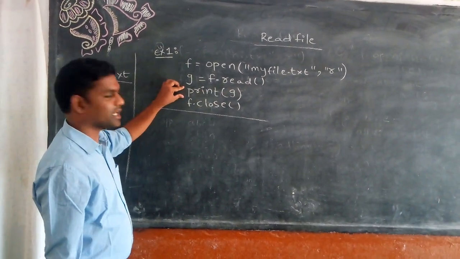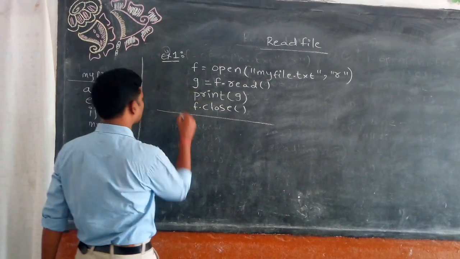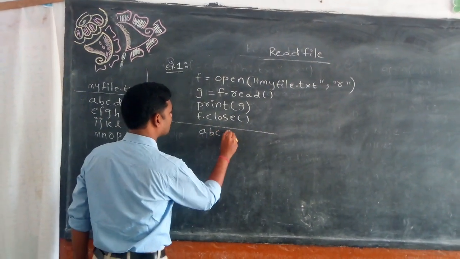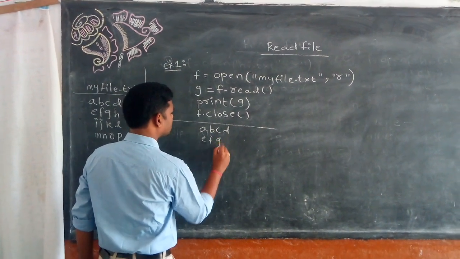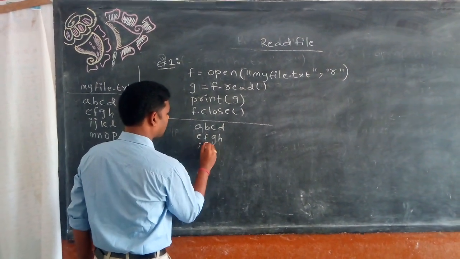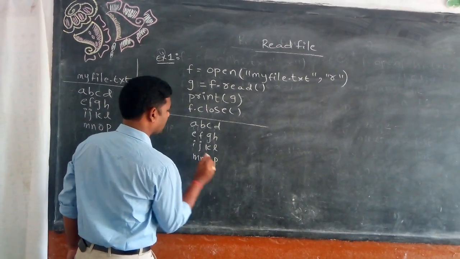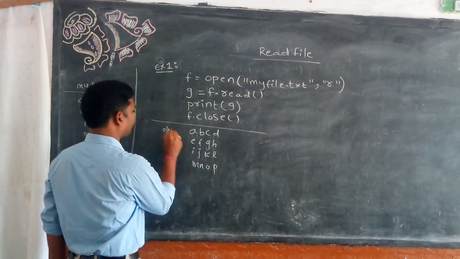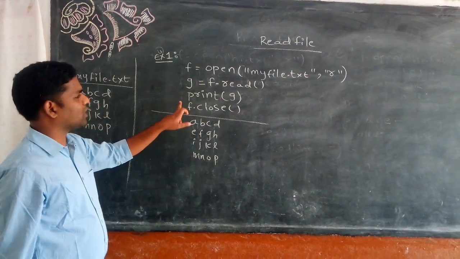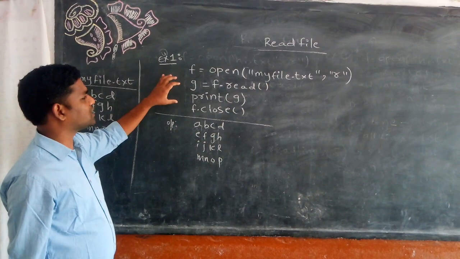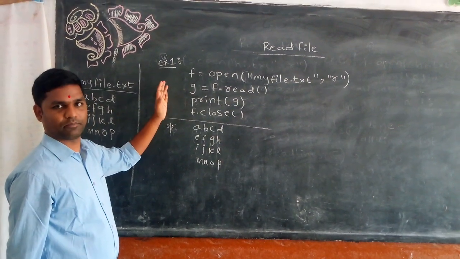I will get the output as the entire content of the file: A, B, C, D, E, F, G, H, I, J, K, L, M, N, O, P. And f dot close will close the file.